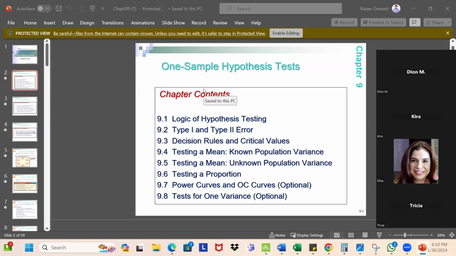So we are going into module number 5, which is hypothesis testing. And what is the purpose of hypothesis testing and what is the process? I'm briefly going to explain today.